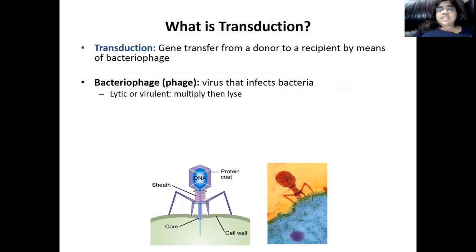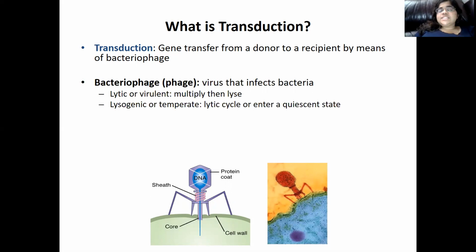And in these cases, when they start infections, they can either be in the lytic cycle, which is essentially they multiply in the cell and then lyse them, so killing them immediately.